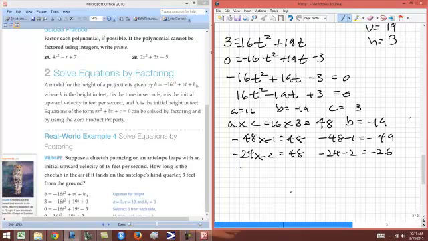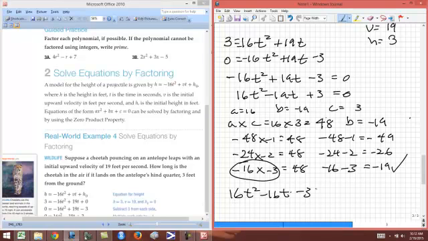And negative 16 times negative 3 equals 48, and negative 16 minus 3 is negative 19, and that's our magic number. So we're going to use negative 16 and negative 3. So we'll split up negative 19t into negative 16t minus 3t. So this isn't too hard to see how we're going to set this up. So we'll have 16t squared minus 16t minus 3t plus 3.